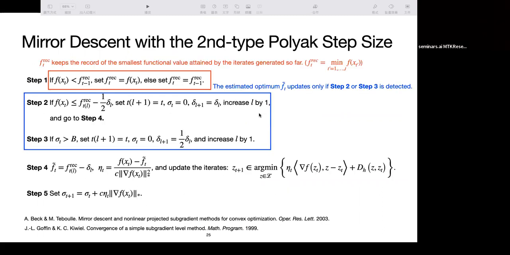And in the previous work, most of them analyze the standard Polyak step size for gradient descent and mirror descent, under the standard assumption that the objective function is smooth and strongly convex.